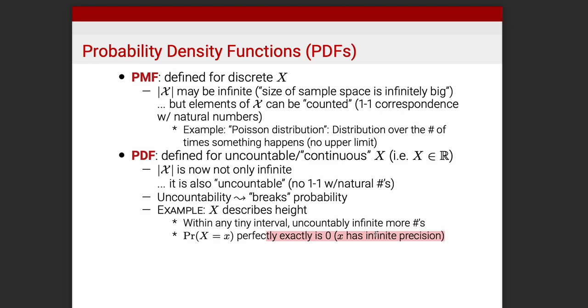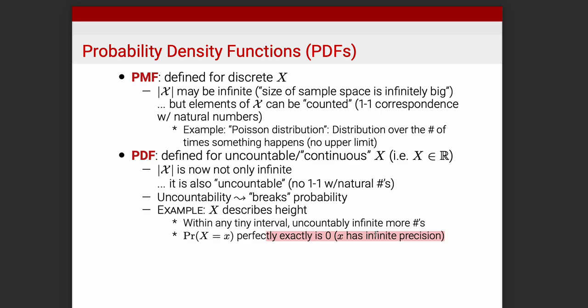So in the continuous case, we no longer think about the probability of some exact event, but we can think about the probability of some value falling within a specific range. We'll make precise what that means in a minute, but the fact that things are continuous means we have to rethink probability a little bit.